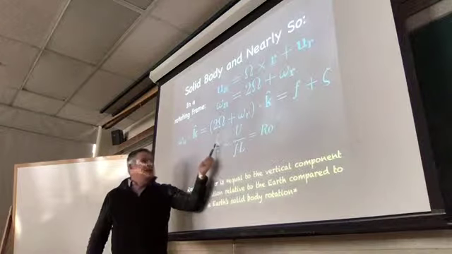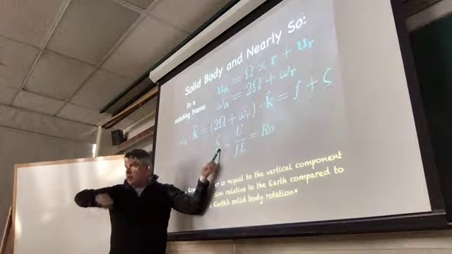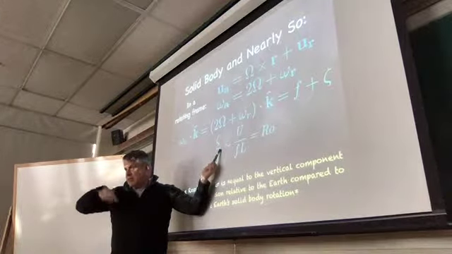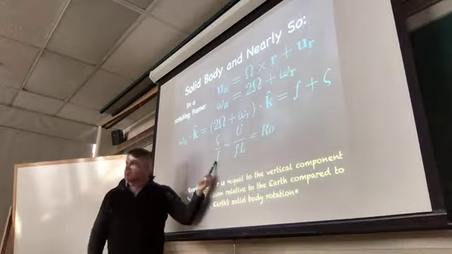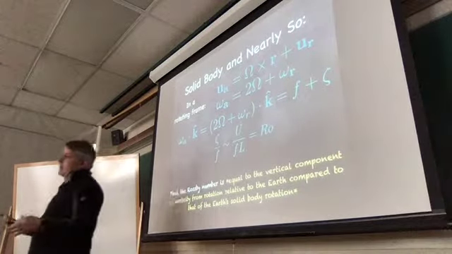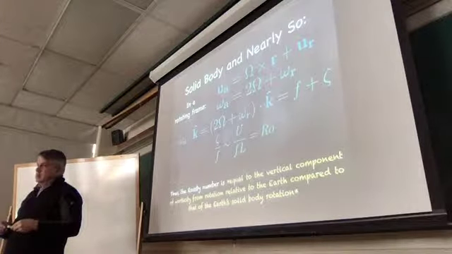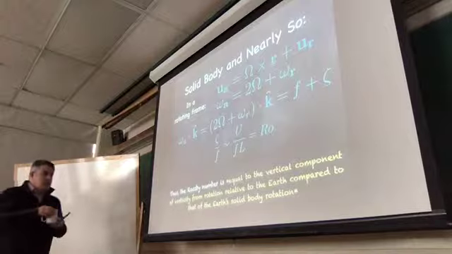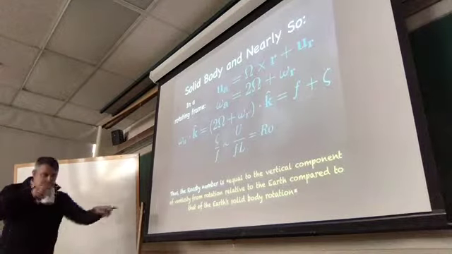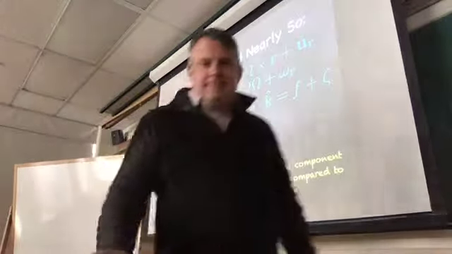Or more meaningfully, we could say that the relative vorticity, the vorticity in motion relative to the planet, is small compared to the vorticity of the planet itself. Does that make sense to everybody? So that says the same thing.